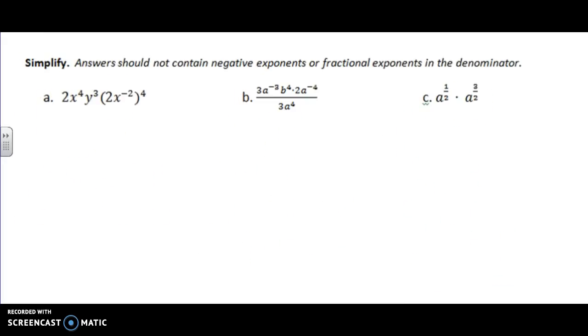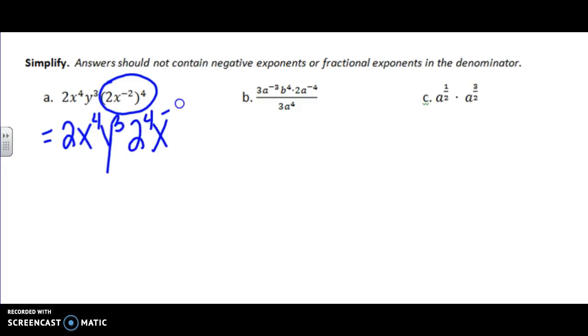Let's see. Now we have to do a lot of simplifying. We have a lot of these to practice, and it's going to take using all of the information we've done in the past. First thing I'm going to do on this one is expand with that exponent of 4. So I've got my 2x to the 4th, y to the 3rd, and then I have 2 to the 4th, x to the negative 8. Some of this is just old practice stuff we've done.